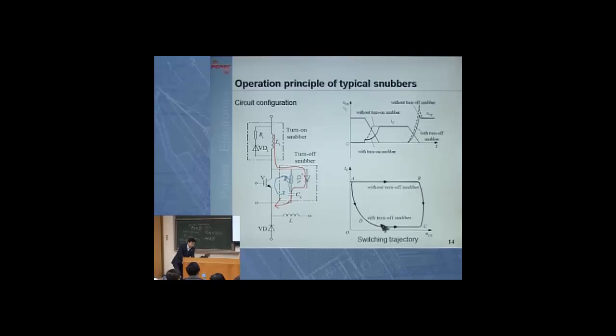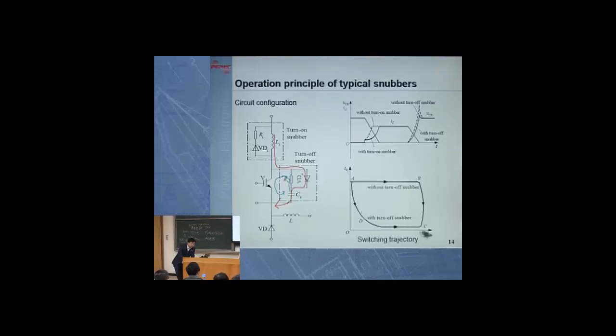But once you have a turn-off snubber, the voltage will increase slowly. The current will decrease first, and then the voltage increases. So it goes along this curve. You can see this curve is going along the low current, low voltage area.